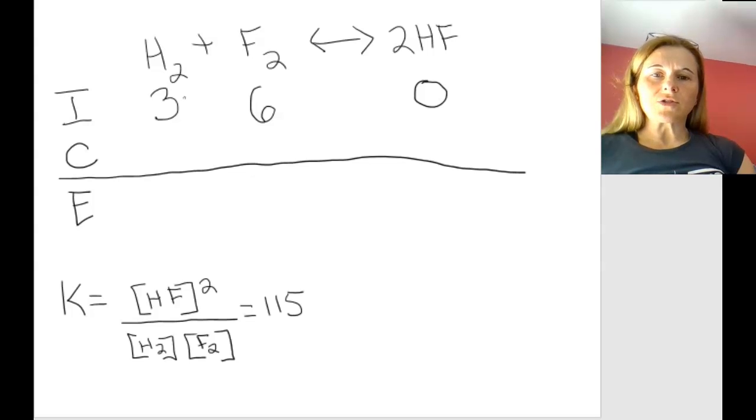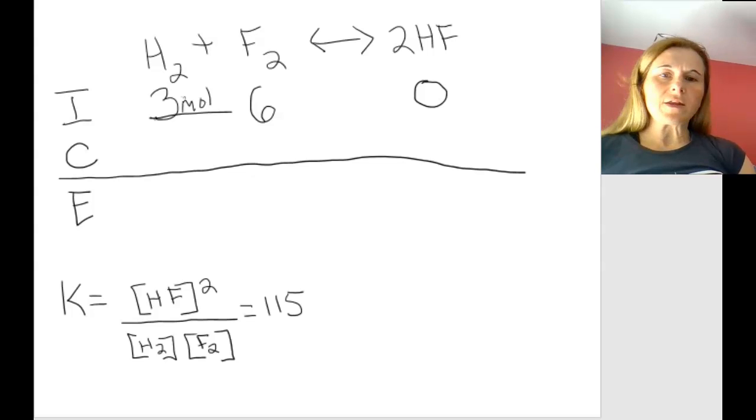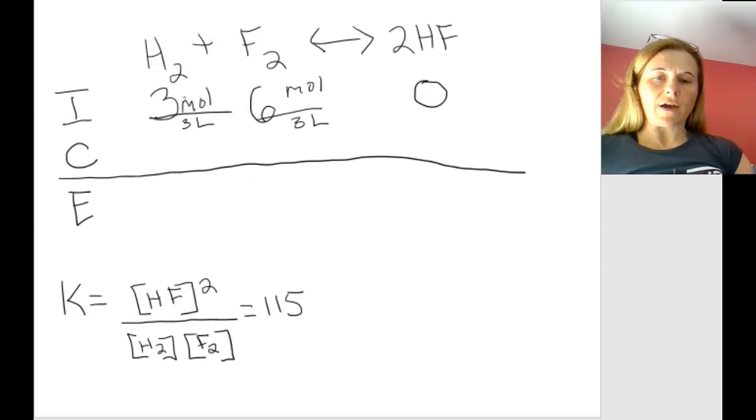So our concentrations are going to be 3 moles over 3 liters, right? And 6 moles over 3 liters. And initially we're saying that we have no product.